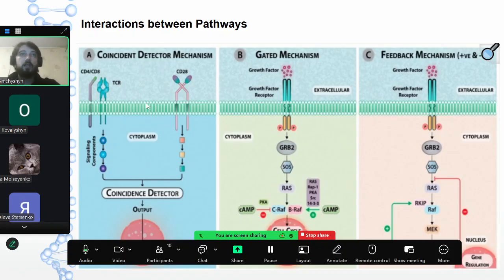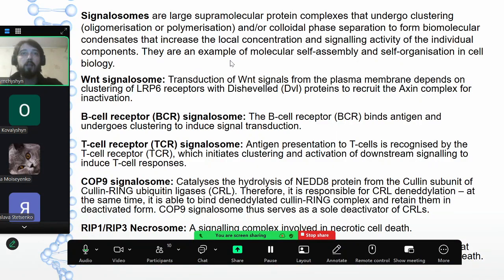If you study immunology, there are certain cases when you need two eventual signals that tell you that something bad is happening, and some part of the protein presented to you is part of some bacteria or something like that, and that tells the cell, I need to take this piece of the protein and process it in an appropriate way, and so on and so forth. So you can get some gated mechanism or feedback mechanism. So these pathways may interact.